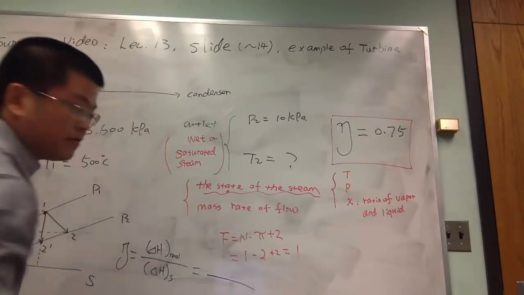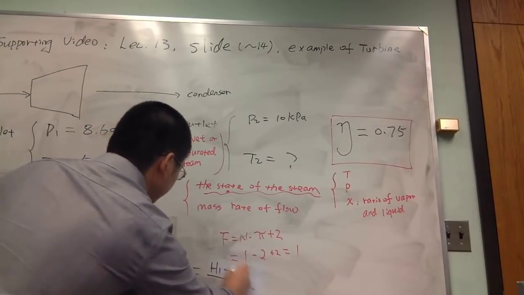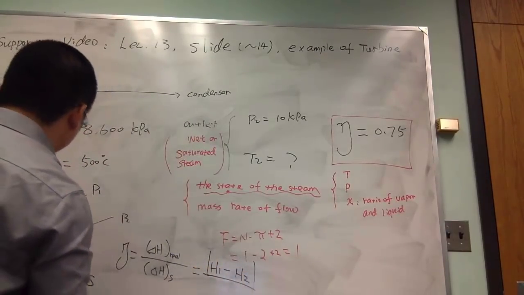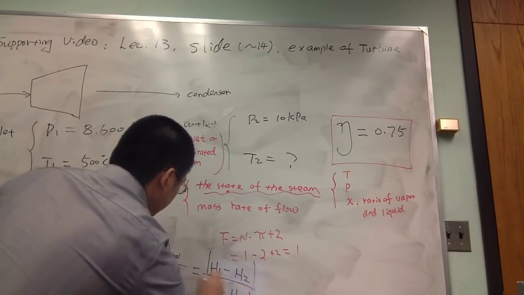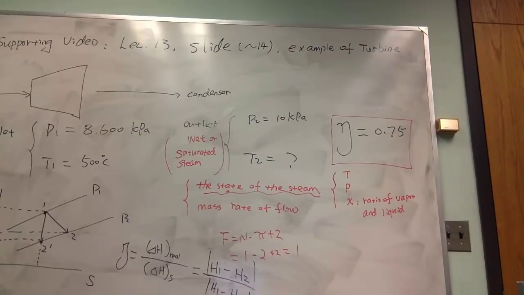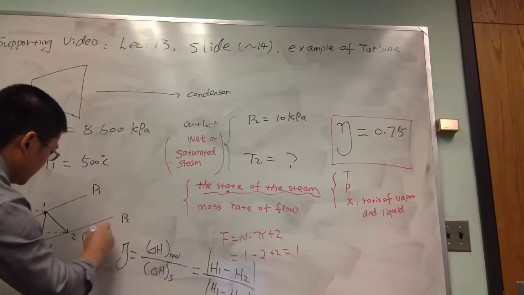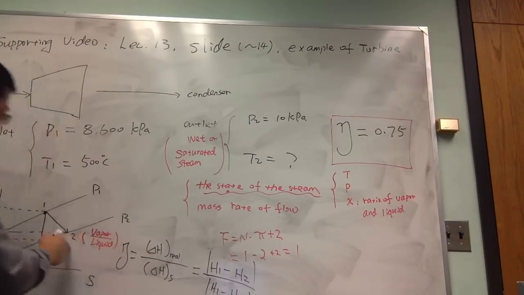So this is why it's not final minus initial, but we are using H1 minus H2. Or if you want, you can take the absolute value and H1 minus H2 prime. Then, of course, we need to figure out the vapor over liquid ratio of that state.